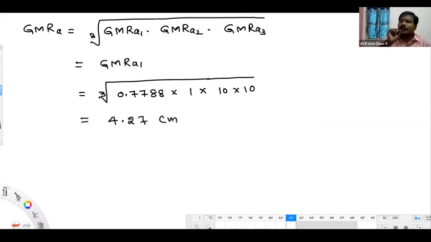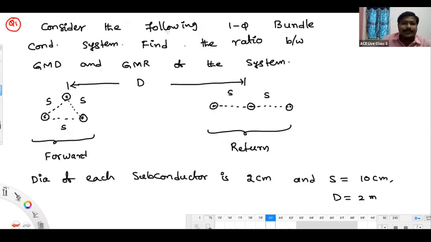Next, similarly, we have to think about phase B, meaning the return path. Don't ask me again how it is phase A and phase B in a single phase system. Phase A is the forward conductor, phase B is the return conductor. So we have three conductors now. Let me copy the diagram again, whatever they have given in the problem.